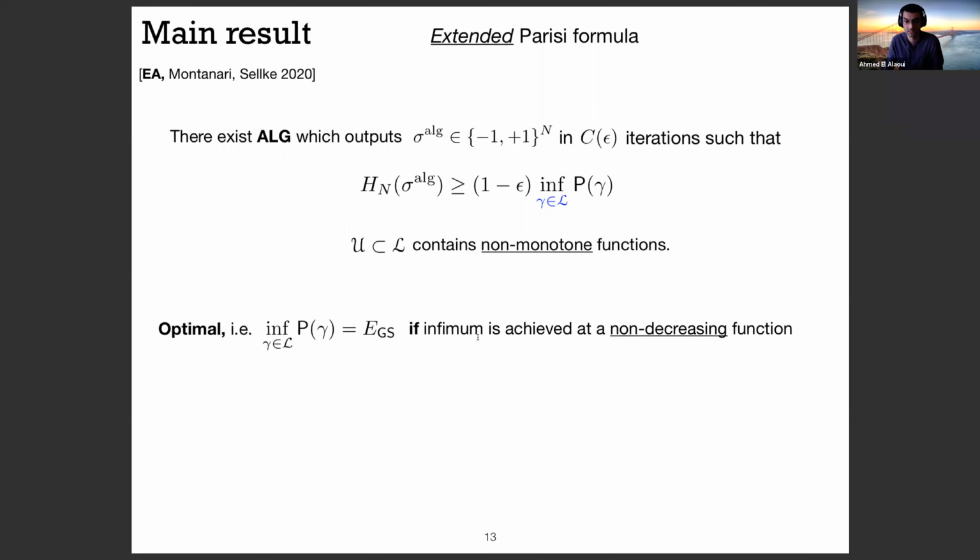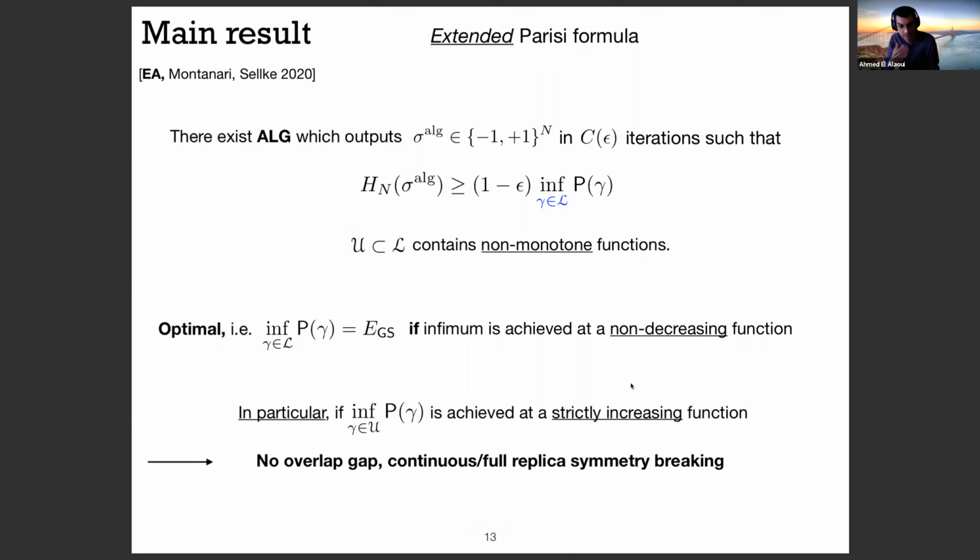In particular, if the infimum over the space of monotone functions U, which characterizes the ground state energy, is achieved at a strictly increasing function, then because of convexity of the Parisi functional, the infimum over this larger space would also be achieved at this exact same gamma, which is strictly increasing, and therefore you would have optimality. So this is the condition of no overlap gap.